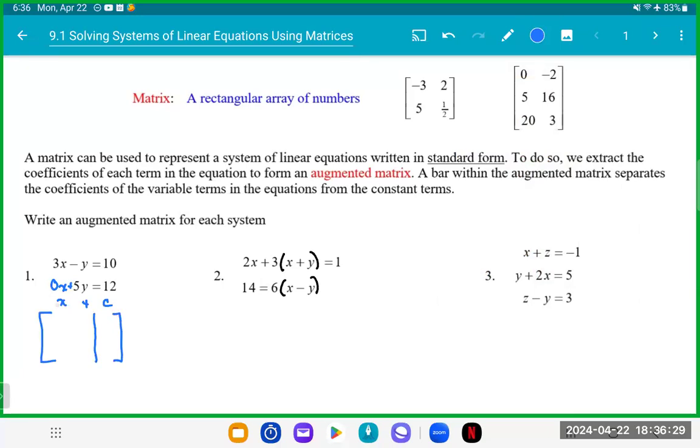And so my x in my first one is a 3. My y is a -1. My constant is 10. Okay. So in my second equation, my x is 0, my y is 5, and my constant is 12. So that is how we convert that system of equations into a matrix. Okay, any questions?